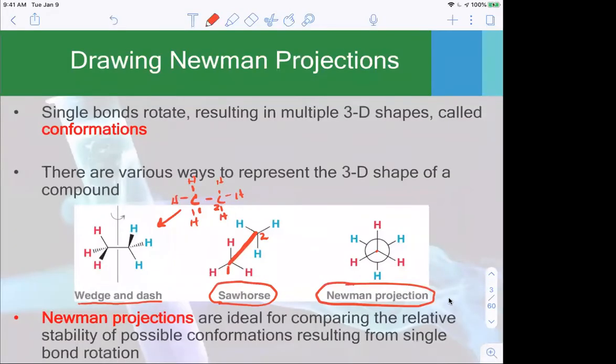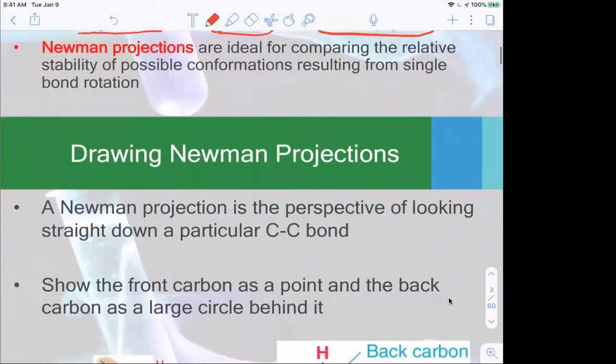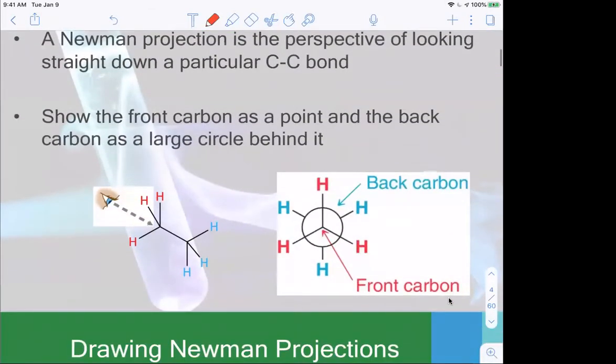Alrighty, so when I think about that, this is my Newman projection right here, and we're going to be looking at these types of things. Again, I'm going to pick two carbons in a structure. If I have 3, 4, 5 different carbons, I only look down one bond. In this particular case, I'm looking down this bond, sighting straight down that particular bond.